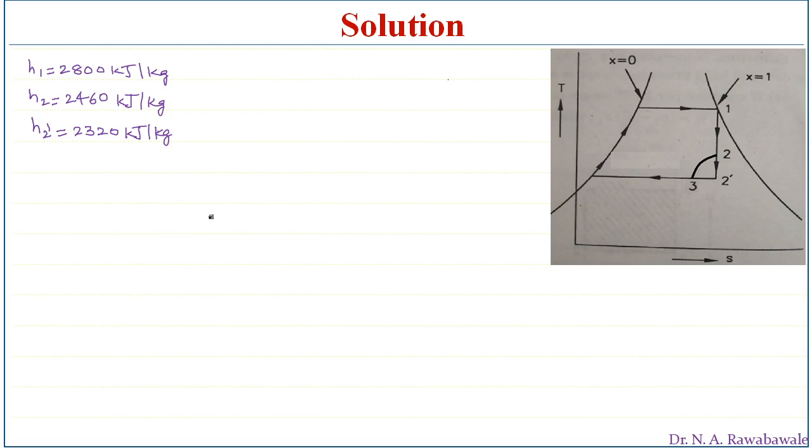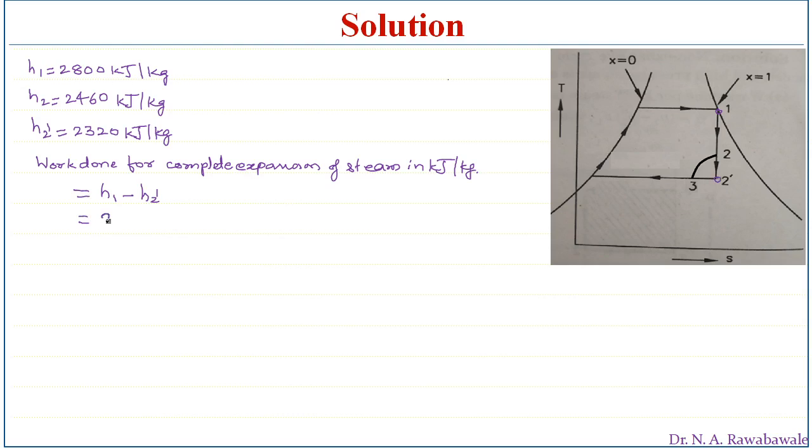So coming to the work done 1 for complete expansion, in kilojoules per kg, it is given by H1 minus H2 dash, since we expand steam from 1 to 2 dash without any restriction.